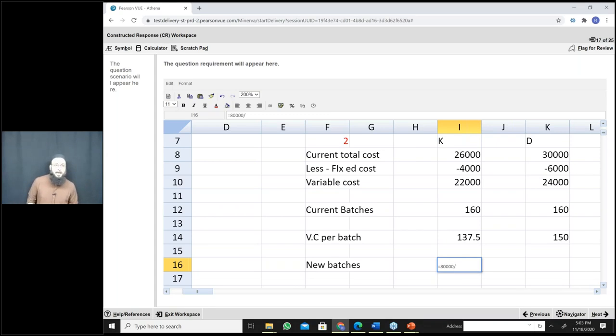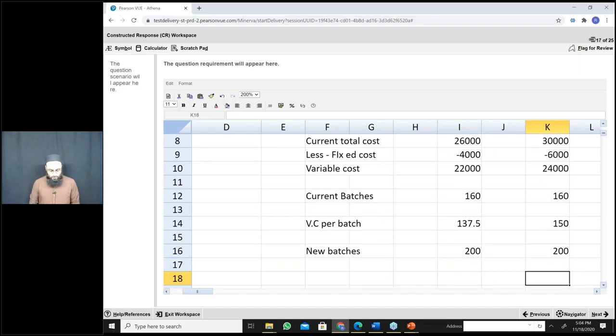Say yes or no, guys. 400 units per batch. So if I make this 400, this will be 200 batches, which means now 200 batches will be required. Same for display screens, yes.